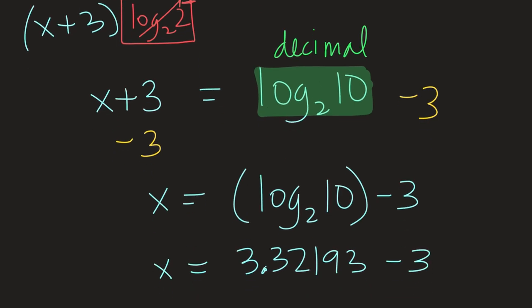And minusing 3, we would have an x of 0.32193.